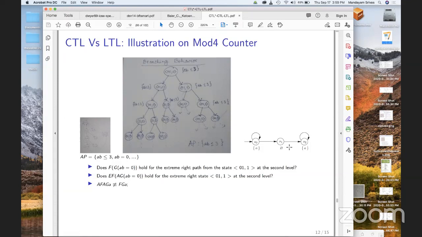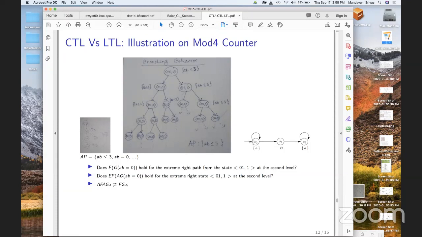Look at this transition system on the right side that I have here. You start with a state S naught, where A is true, with the infinite path S naught omega. Certainly FG of A holds good for this transition system. What are the infinite paths there?